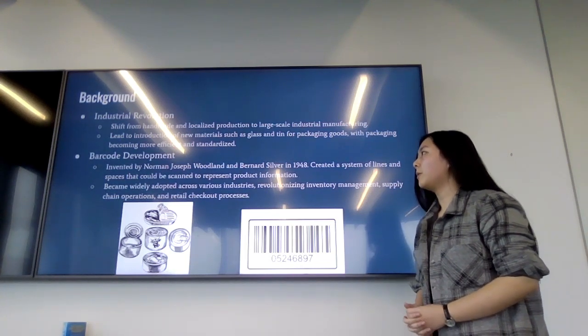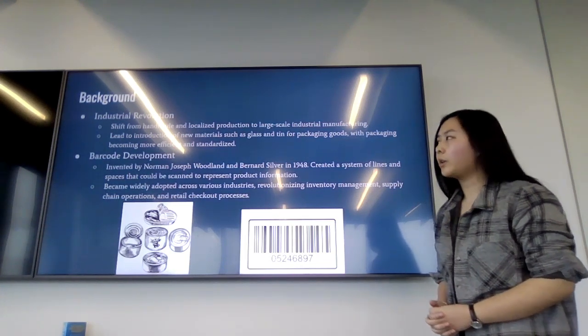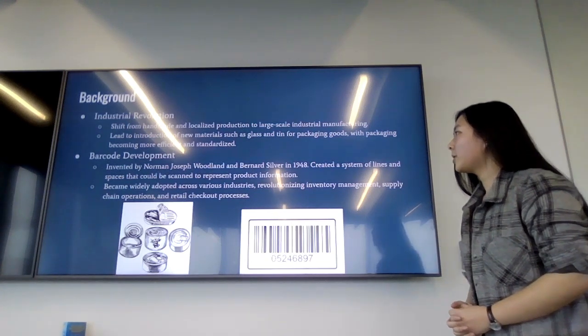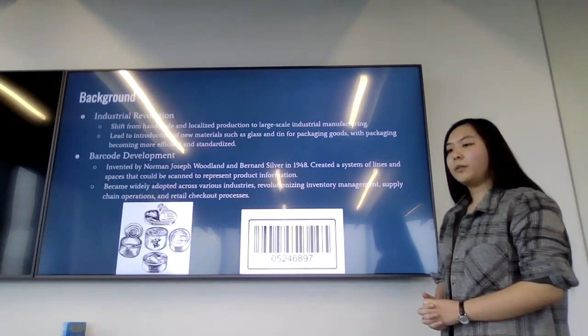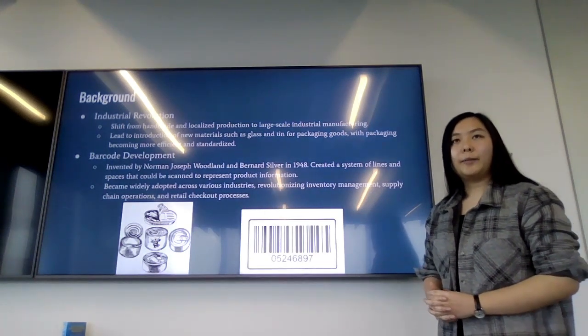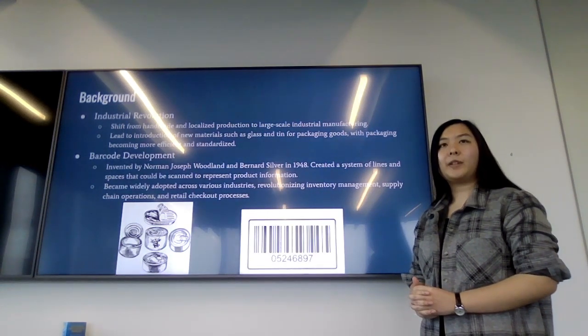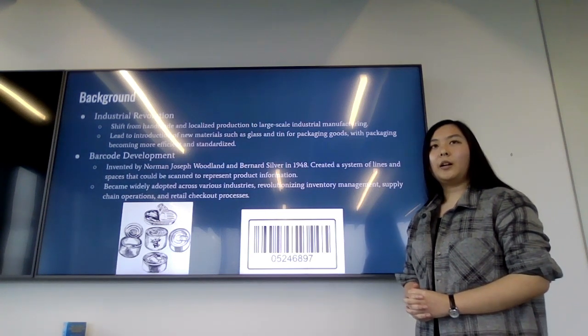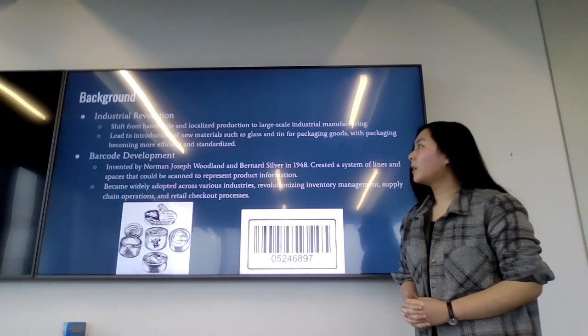During the Industrial Revolution, there was a shift from handmade and localized production to large-scale industrial manufacturing. With this shift, it allowed for packaging and labeling in manufacturing to become a faster process, while also reducing labor.